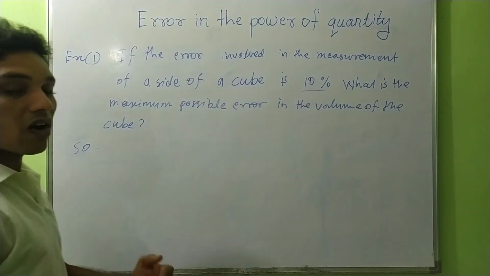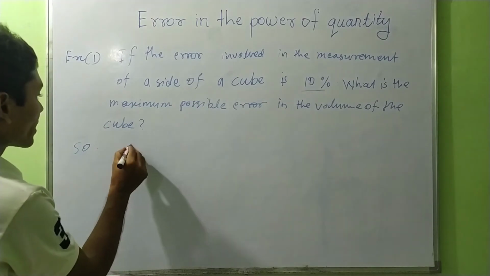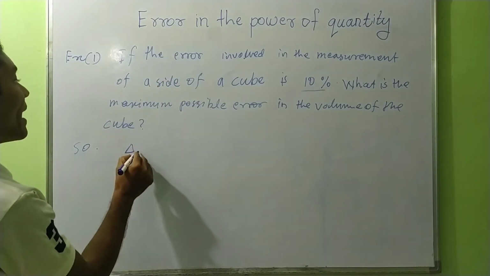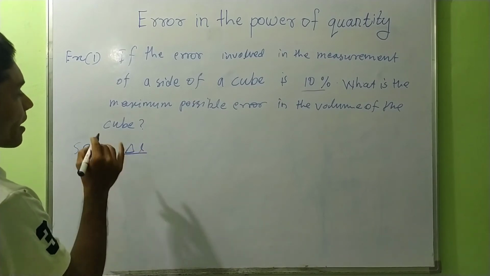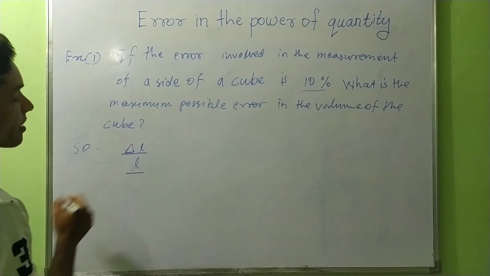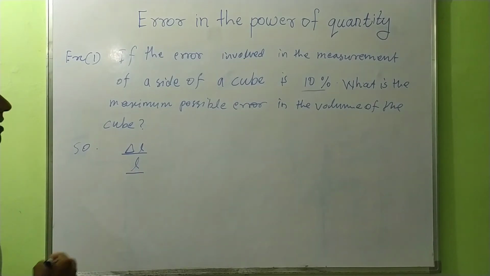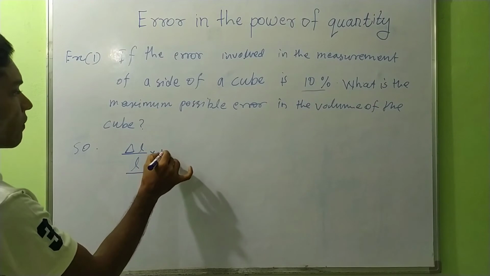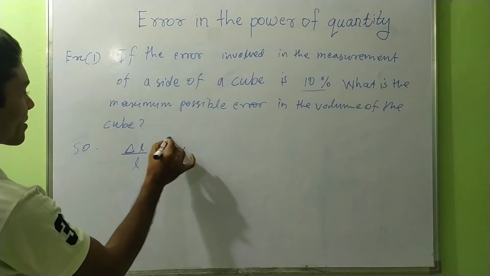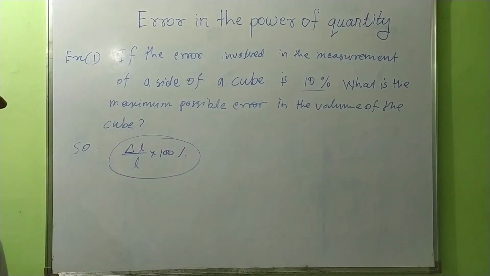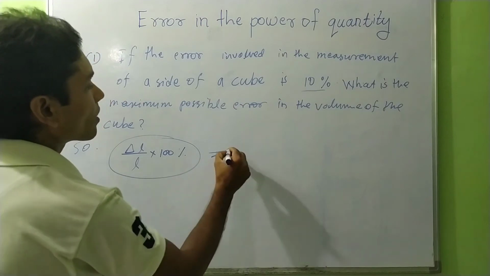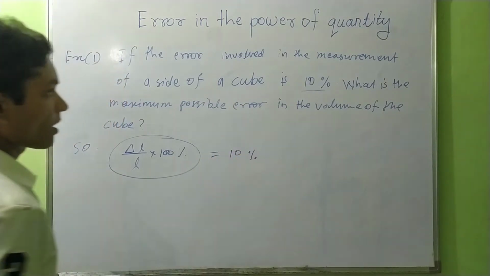You know the formula of percentage error is relative error. Here let the side be L, then the relative error of the side will be del L upon L. If we multiply by 100%, this is the formula of percentage error of the side, and it is given equal to 10%.